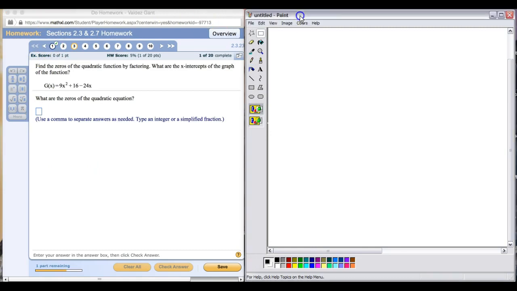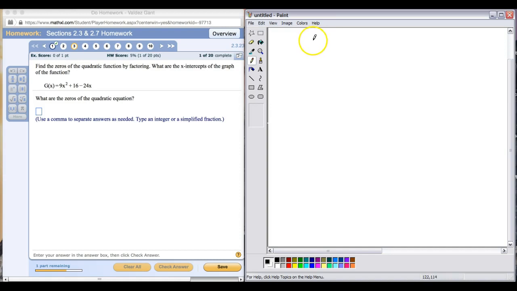All right, so for the next problem, similar thing, we have a function that we need to find the zeros of, and now our function is g of x is equal to 9x squared plus 16 minus 24x. What's different here is that our function is written in such a way that we have to rearrange it to make it look the way we need it to.